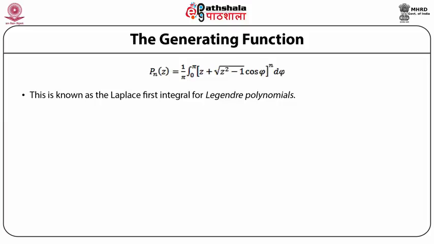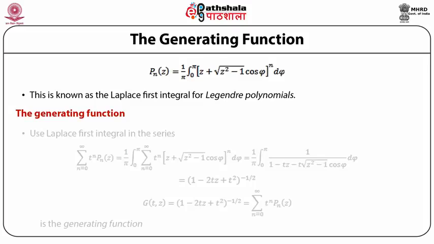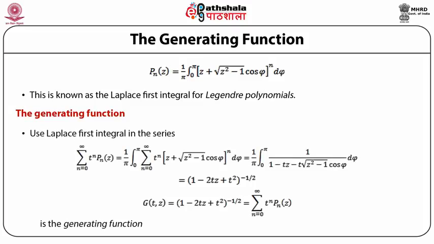We can use this integral form for the Legendre polynomials to find a generating function for them. Let us sum the series summation over n going from 0 to infinity t raised to power n Pn of z using Laplace first integral.